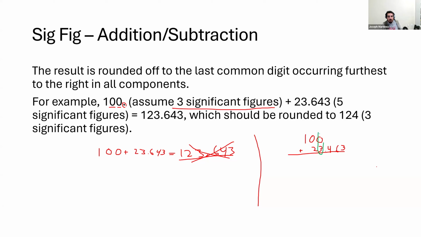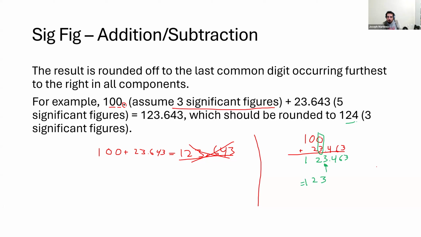That's right here. The last common significant digit, I should say. That is right there. So that means we will round to this point. So we find the answer, 123.463 here. And we round to this last common digit. We round that 3. And we end up with 123 as being our result.